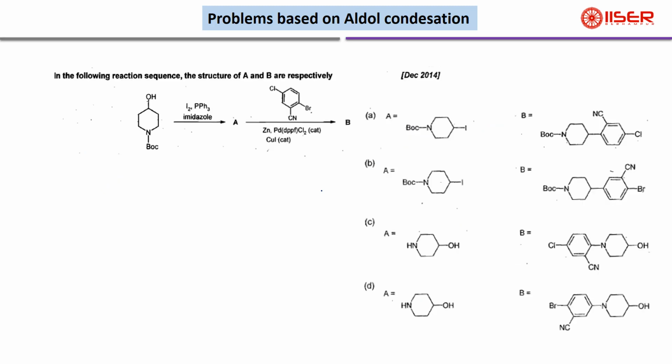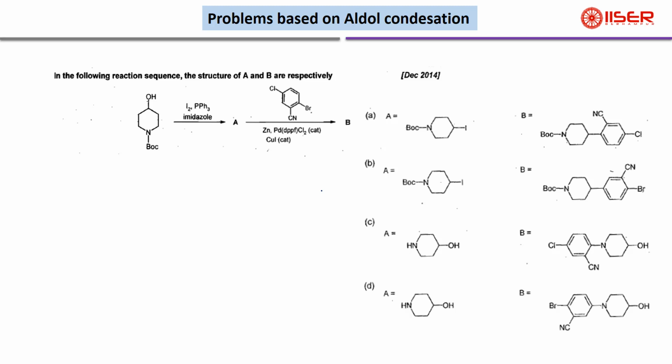In the following reaction sequence, what is the structure of A and B respectively? So first one is I2, PPh3 and imidazole.